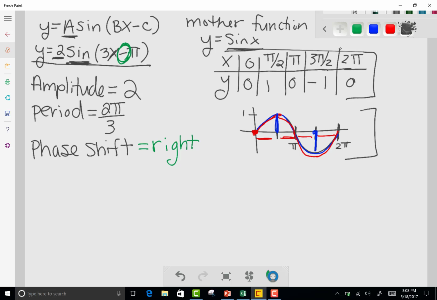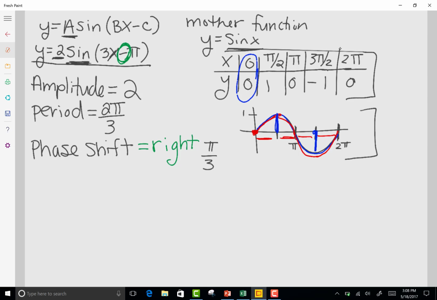So in order to find how much it shifts to the right, you need to take your value of c, which in this case is pi, and divide by the value of b, which is 3. If we look at our mother function, our first cycle starts at 0. Since our translated function has shifted right pi over 3, we are going to start our cycle at pi over 3. Now, here's where we need to find our scale.